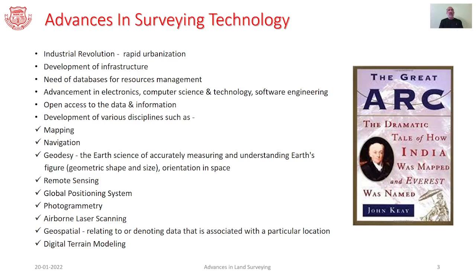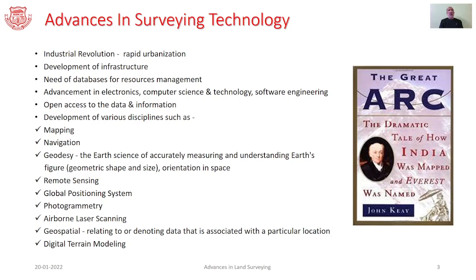And hence, a lot of people and agencies working at various levels kept on working on this technology according to their need, and hence many disciplines developed associated with mapping, navigation, geodesy, remote sensing, global positioning system, photogrammetry, airborne laser scanning, even geospatial concepts and digital terrain modeling.